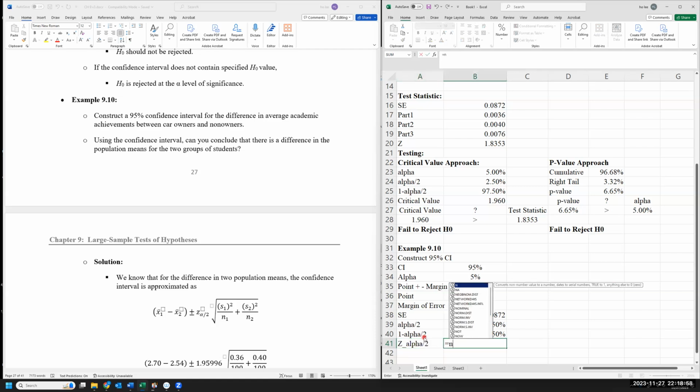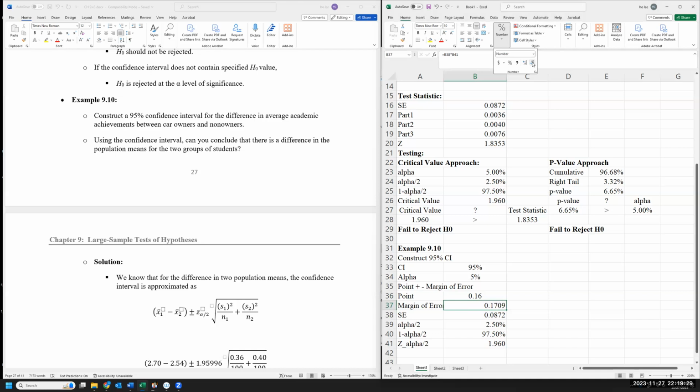This is equal to NORM.S.INV, where you put 97.5% to the left and 2.5%, or half an alpha, to the right. And here it is. Again, that's our critical value. So the margin of error is equal to the standard error times z of half an alpha. There it is.